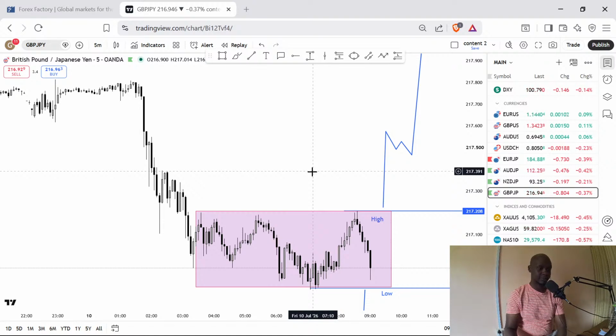But either way, if we break to the downside impulsively, it also presents an opportunity for me to take shots. But today is one of those days where I just need to be really, really patient.